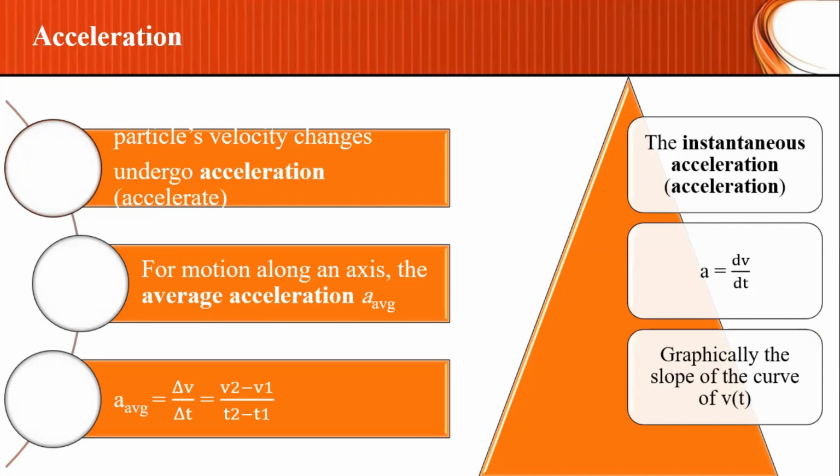The instantaneous acceleration, or simply acceleration, is a equals dv over dt. Graphically, the acceleration at any point is the slope of the curve of v versus t at that point.